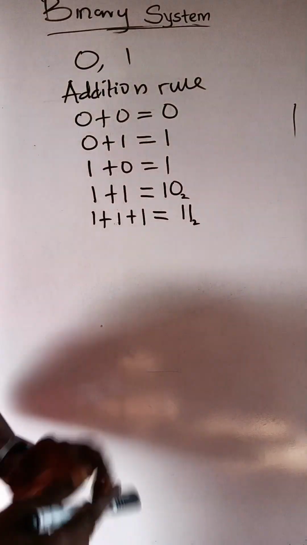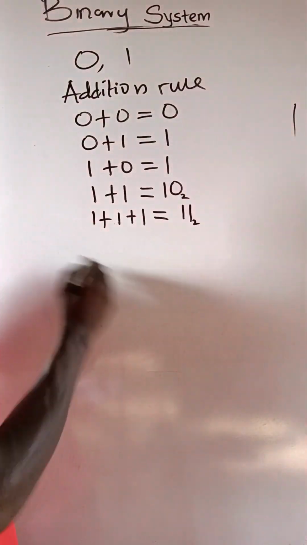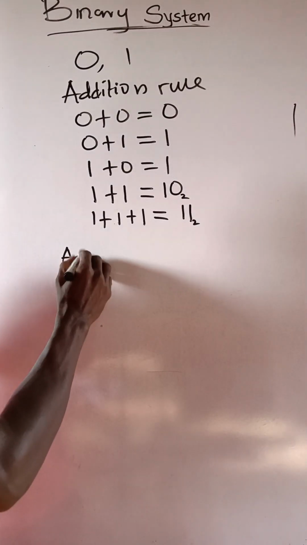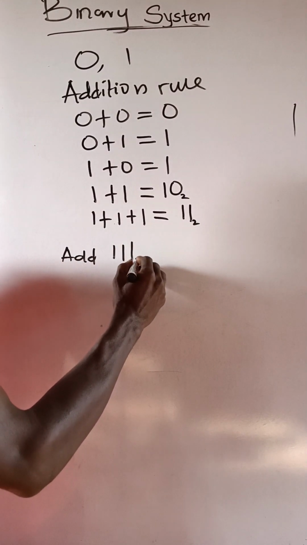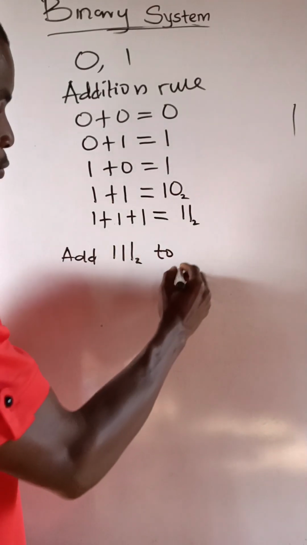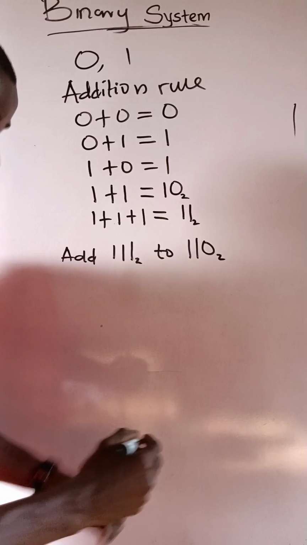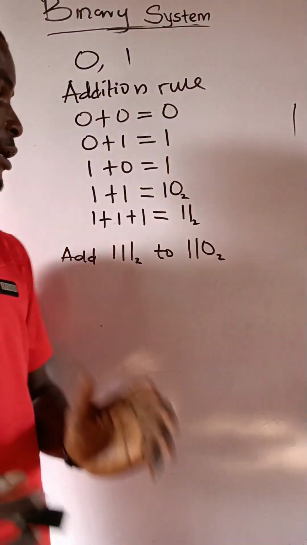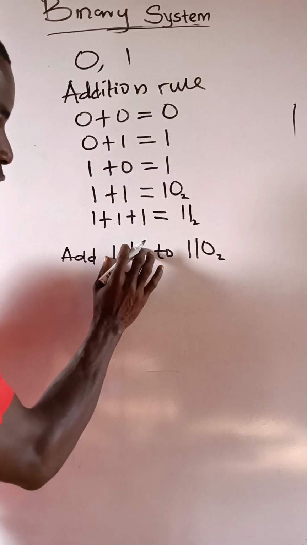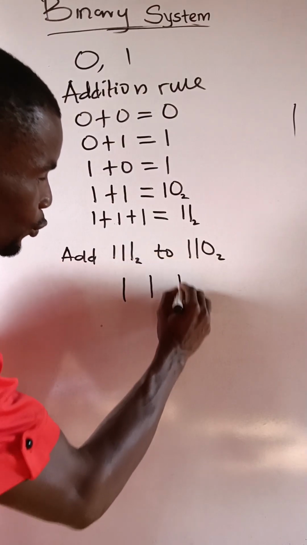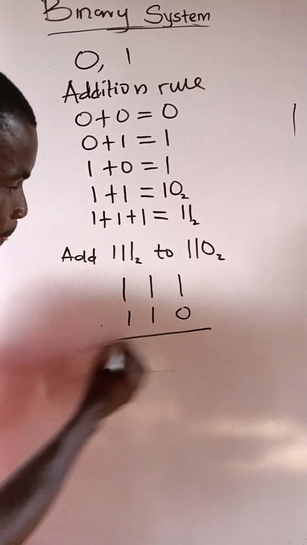So right now, let's take an example. They give you a question like this: add 111 base 2 to 110 base 2. To do this, it's very easy. You bring this value out, 1 1 1, and the next one is 0 1 1.